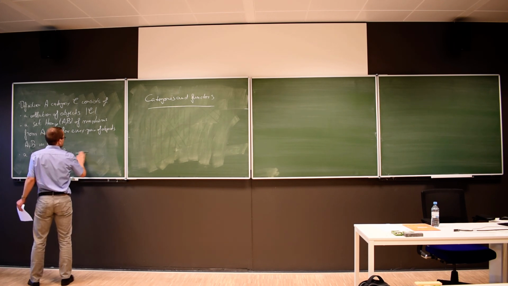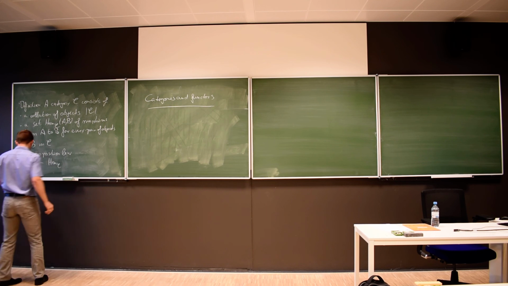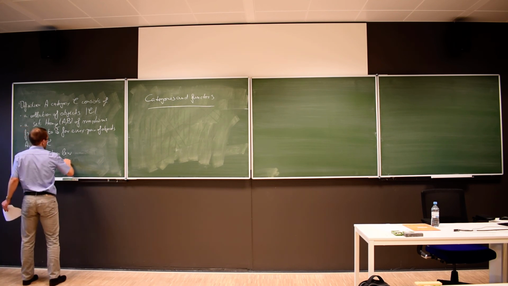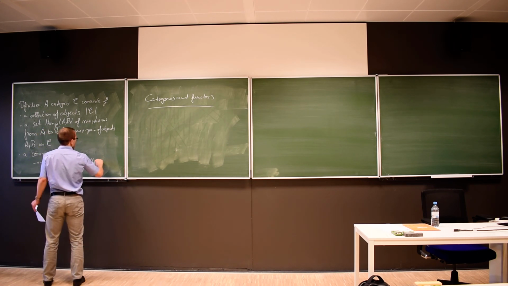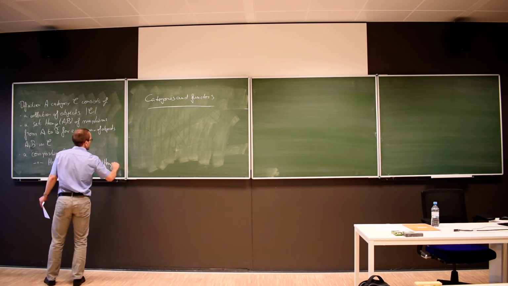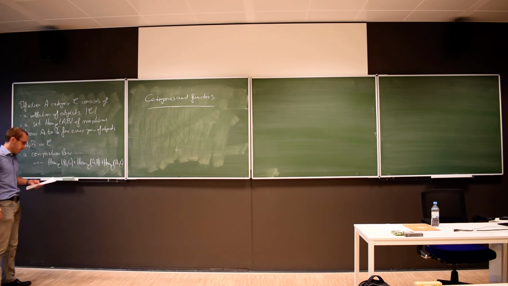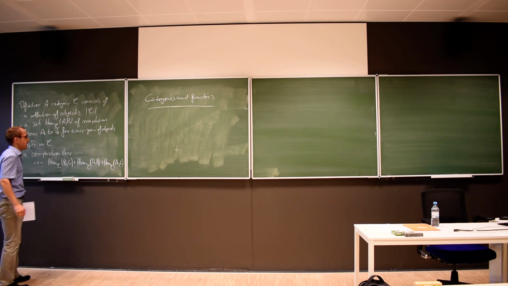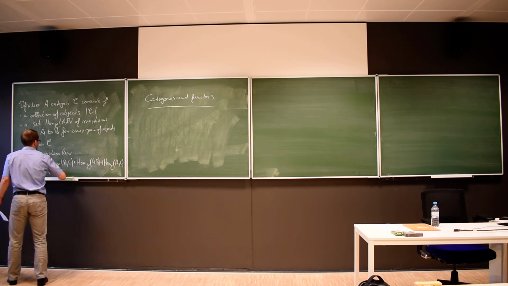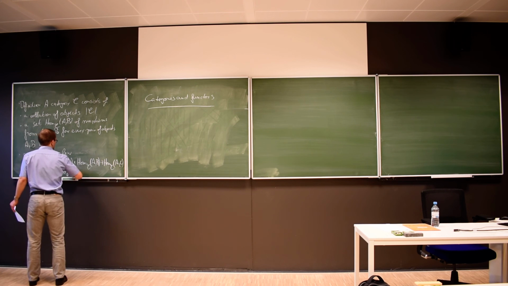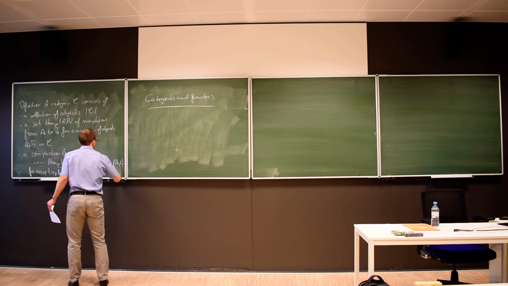It goes from the set of homomorphisms in C from B to C times the set of homomorphisms in C from A to B, and it lands in the set of homomorphisms in C from A to C. And we have such a composition law for every triple of objects A, B, and C in our category C.